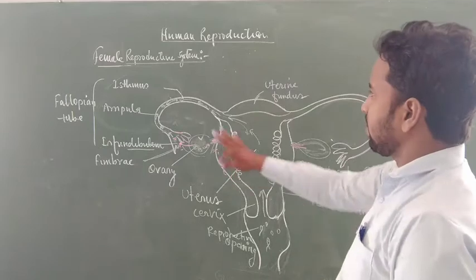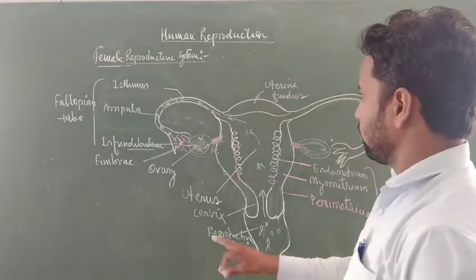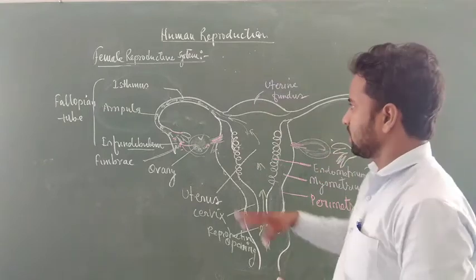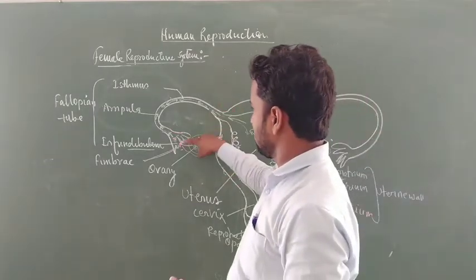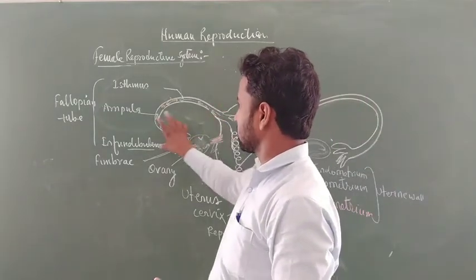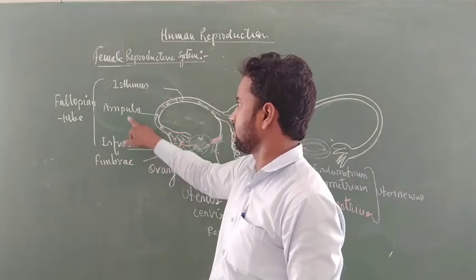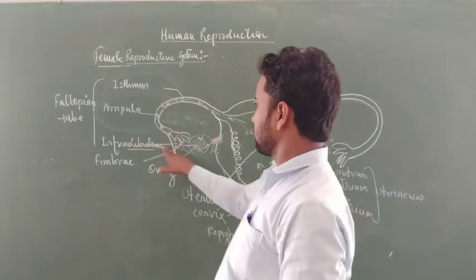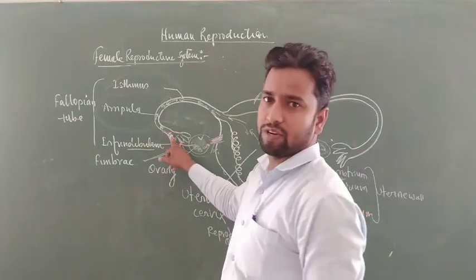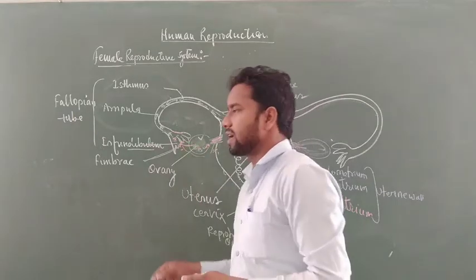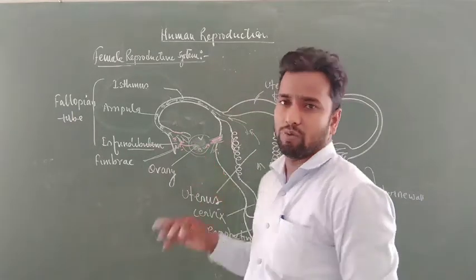Now these are all the parts of the ovary and of the female reproductive system. Here you can see the structure of the fallopian tube, which is divided into three main parts: infundibulum, ampulla and isthmus. The infundibulum is the anterior, broader region of the fallopian tube, which helps in carrying the female gamete released from the ovary.